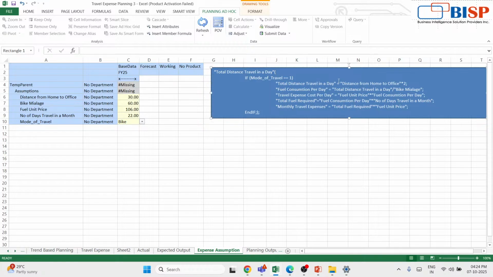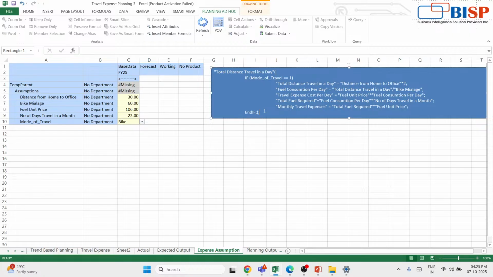Fuel consumption per day equals total distance traveled in a day divided by bike mileage. Travel expense cost per day equals fuel unit price multiplied by fuel consumption per day. Total fuel required equals fuel consumption per day multiplied by number of days travel in a month. Here the monthly travel expense, same way, is total fuel required multiplied by fuel unit price, and it's the end if.